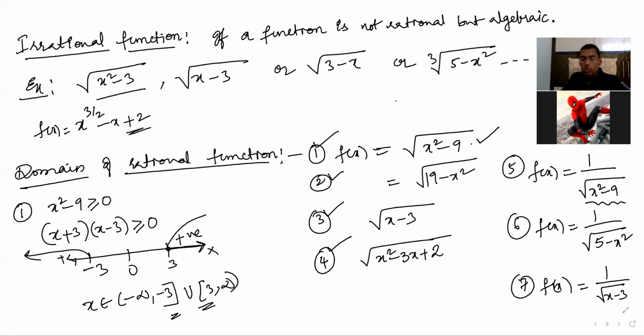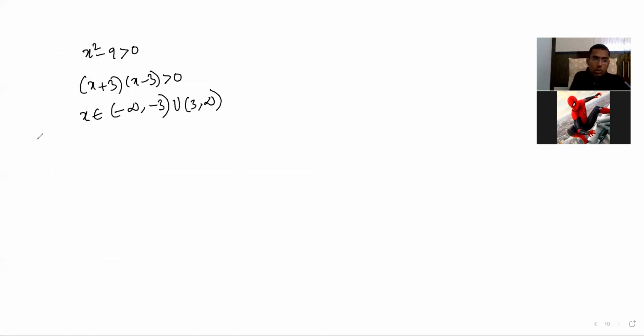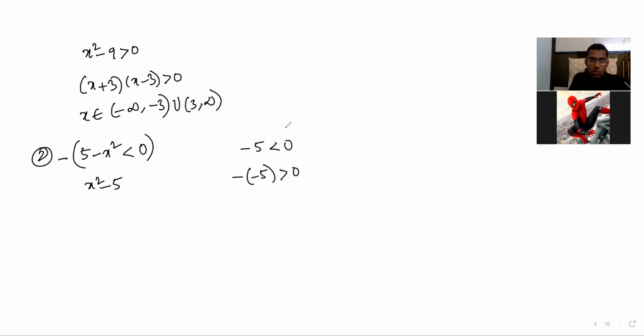Second one is also the same. Second one is what? 5 minus x square is less than 0. If you multiply with minus, then the sign will reverse. Yes or no? Minus x square plus 5... minus of minus 5 is greater than 0. That means when you multiply with a negative number, the sign will reverse.